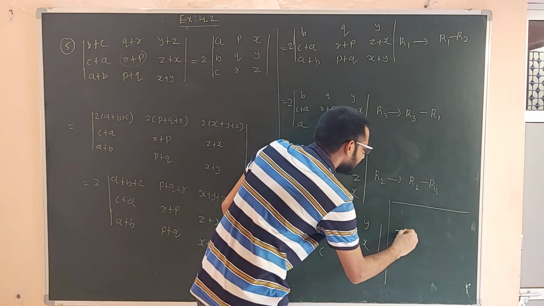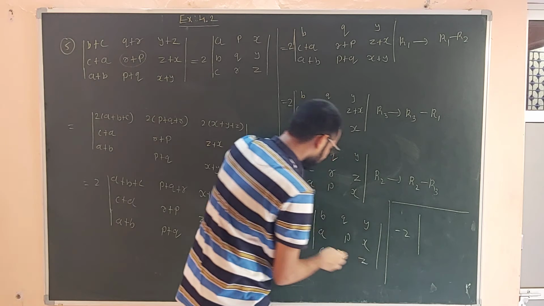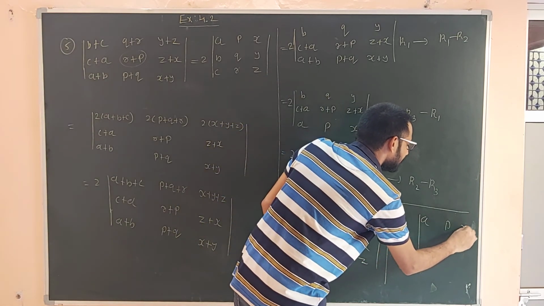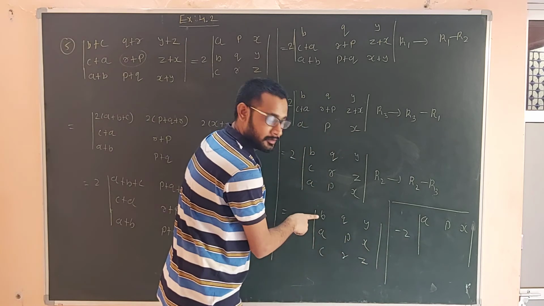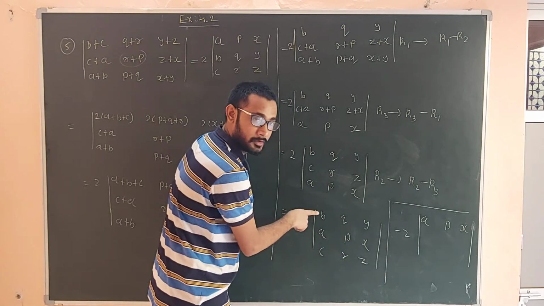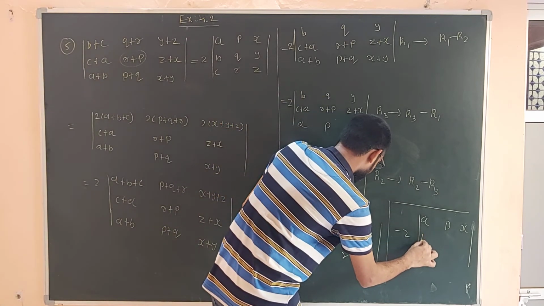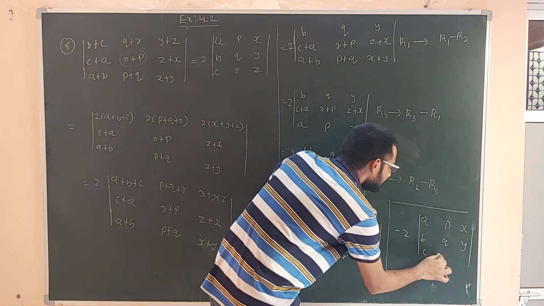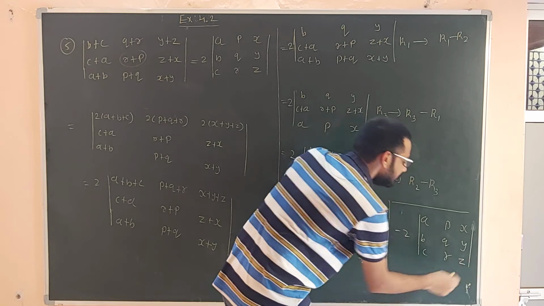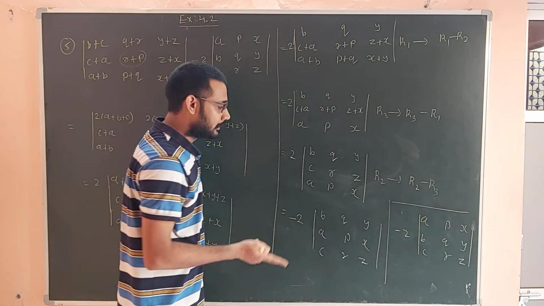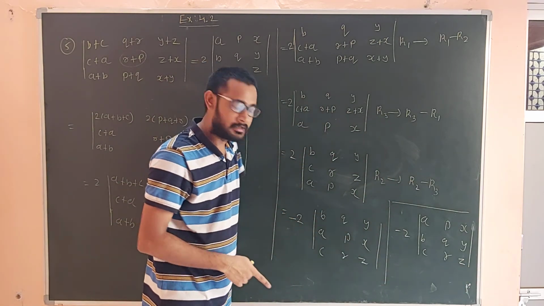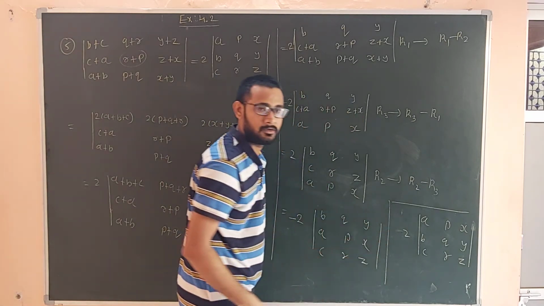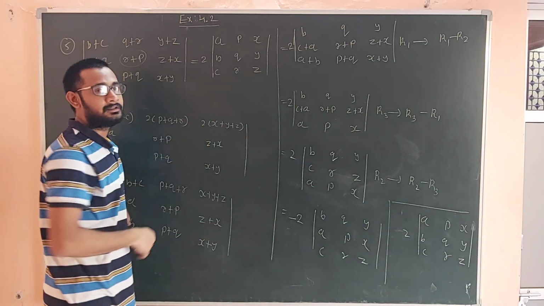So here negative 2, so row 1 goes up, so here A, P and X, and row 2 goes up and row 1 goes down, so here B, Q and Y, and last one as it is, okay. But here we exchange row 1 and row 2, so the sign of determinant will change. Here the sign of determinant is negative, so it becomes positive, okay. So here RHS is like this.